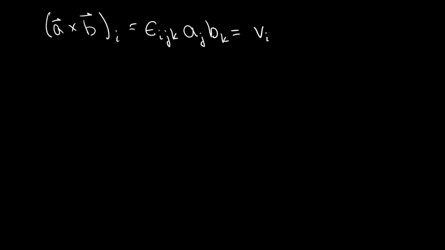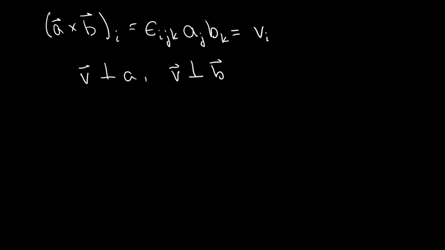Meaning that v is always going to be perpendicular to A, and v is always going to be perpendicular to B. So it's always going to be perpendicular to both of them.